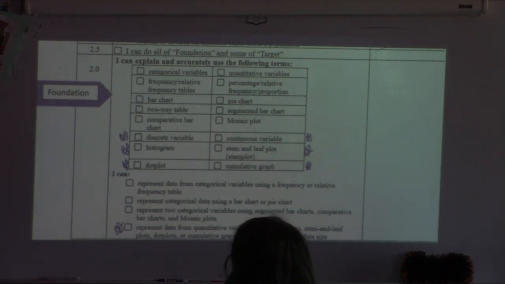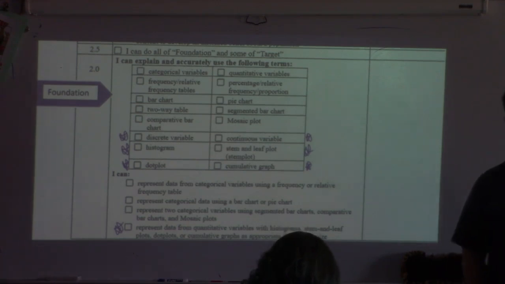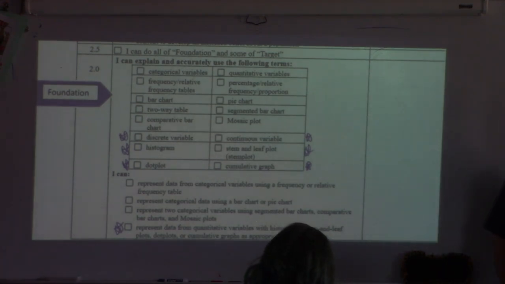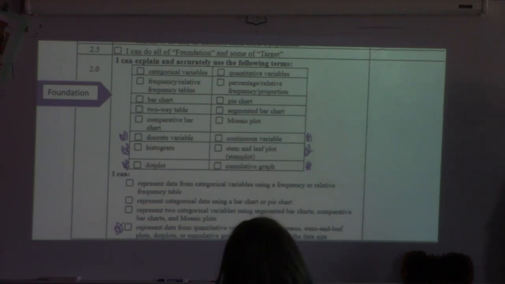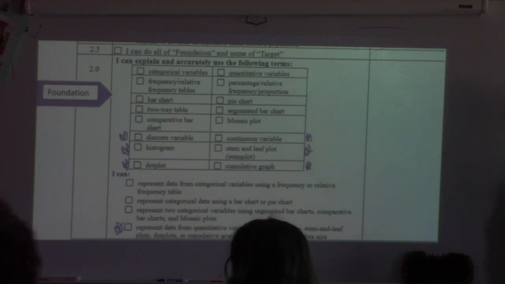General rule of thumb on the AP exam, 2¼ minutes per multiple choice and roughly 13 minutes per free response. Not that long tomorrow though, because it is 1 unit only. So 2 minutes per multiple choice question, and then either 11 or 12 minutes per free response, I'm going to play with it and see how we're doing. So it's going to be a maximum of 40 minutes.